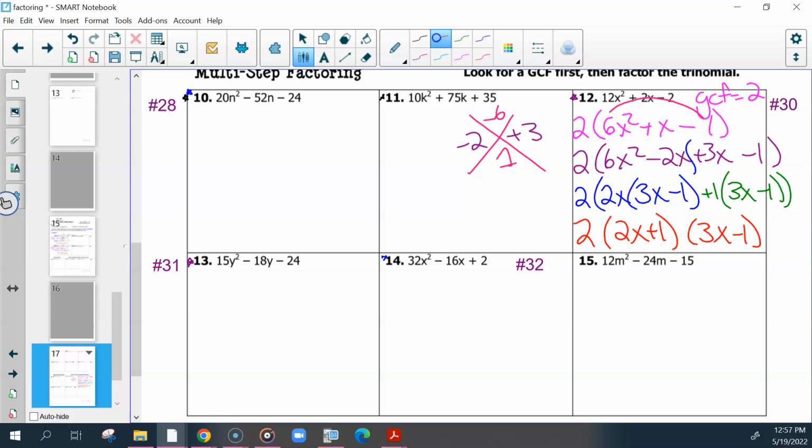Before we do one more, do we have any questions on that process? Have we got that answer? This 3? So we're dividing 6x squared by 2x. So 6 divided by 2 would give us 3. X squared divided by x would give us x. That's how we got that 3x.